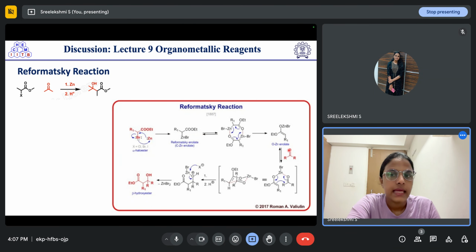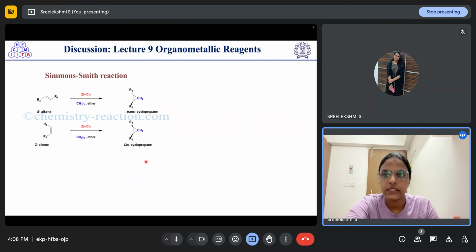Then in the presence of this ketone, that enolate will attack this carbonyl carbon of the ketone, and we will get this six-membered transition state. Then upon acidic workup, the zinc bromide will leave to get this beta hydroxy ester. So that is basically the Reformatsky reaction, the reaction of this alpha halo ester using zinc to give this beta hydroxy ester. So it is an organozinc mediated reaction.